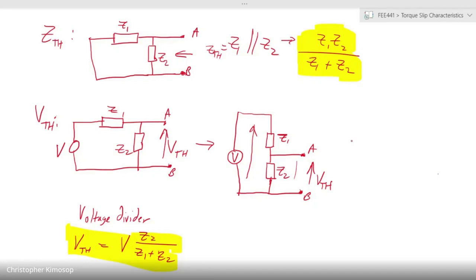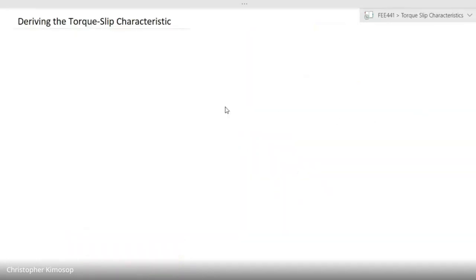So now let's look at what we have in terms of our own equivalent circuit that we had last time. So let's redraw our equivalent circuit that we've been looking at since we started.